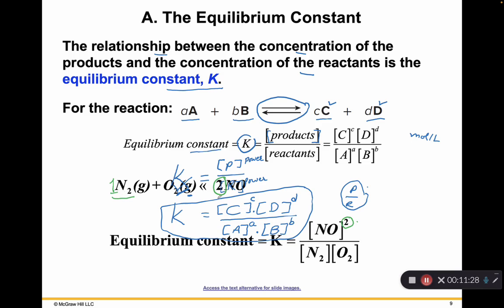Similarly, it is times O2. The oxygen also has coefficient 1. So we have here N2 raised to the power 1, O2 raised to the power 1. Power 1 means we do not write it, we understand it. NO raised to the power 2, and then we have N2 and O2 raised to the power 1.